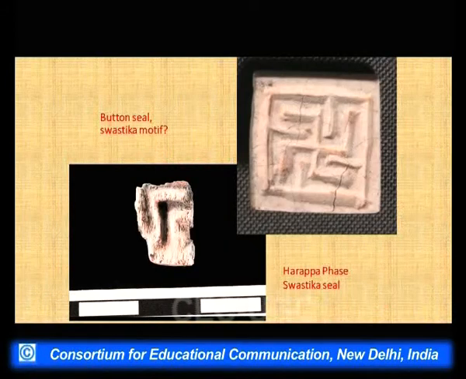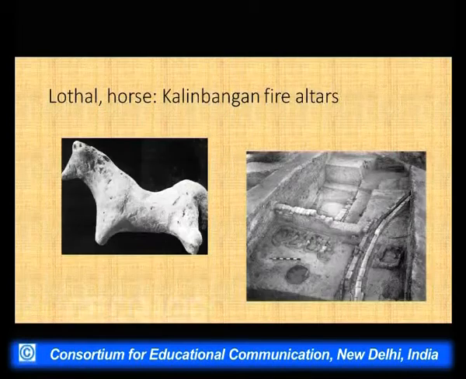Besides this, you have seals that are made of faience and of terracotta. Faience is basically ground stone that is then put in a mixture and then fired. Then you have a terracotta horse from Lothal.